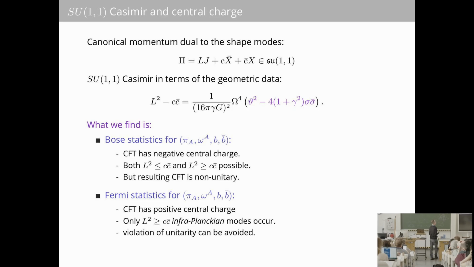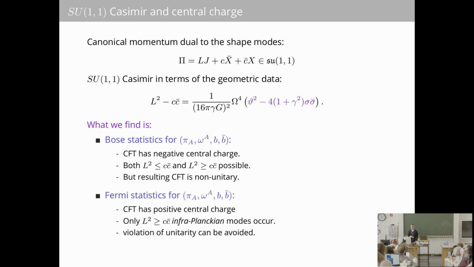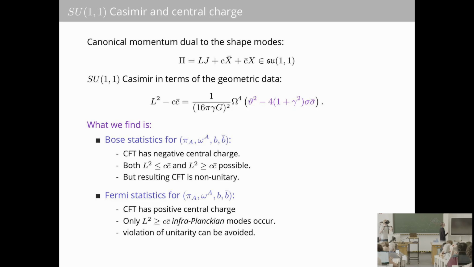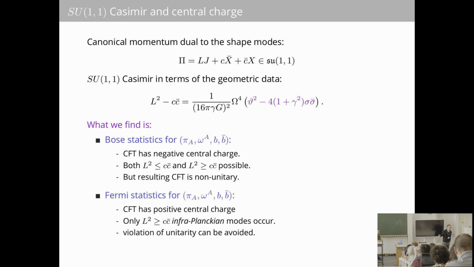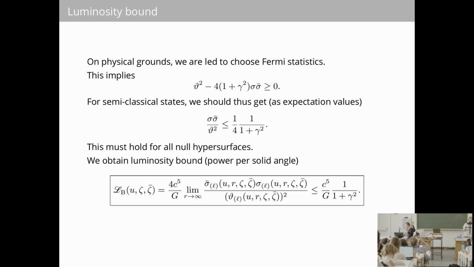Well, on any null hypersurface, at the quantum level, we need to satisfy a certain inequality, that the shear is always bounded. But this should happen for any null hypersurface, especially also those that we send all the way to null infinity.